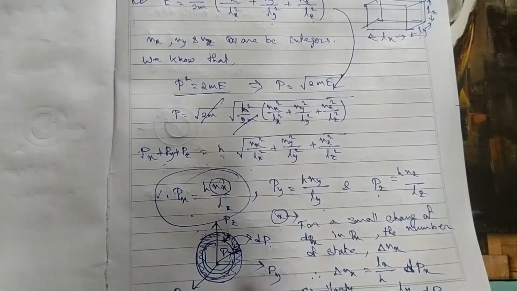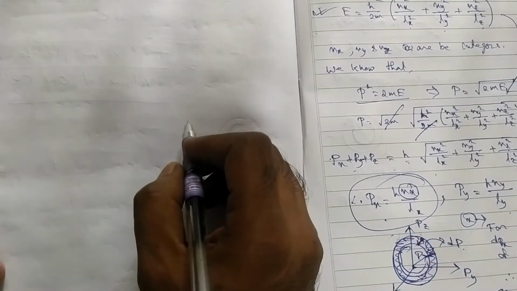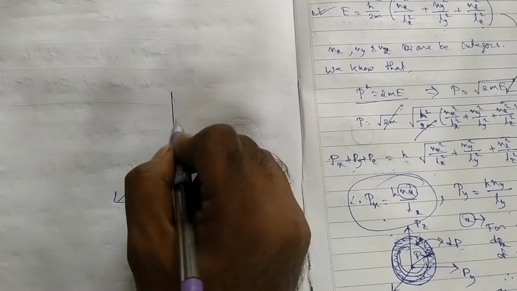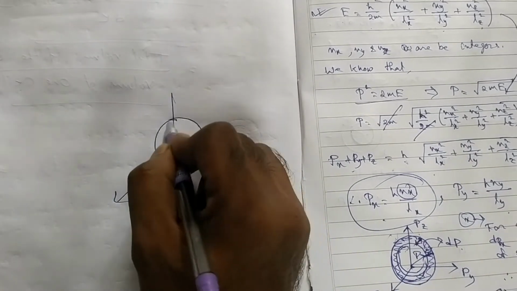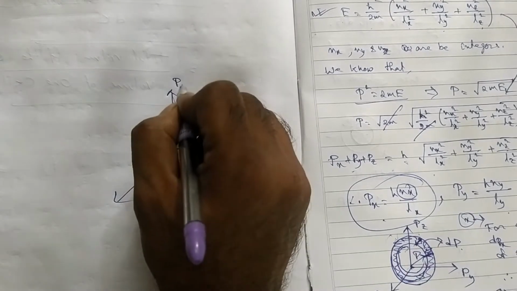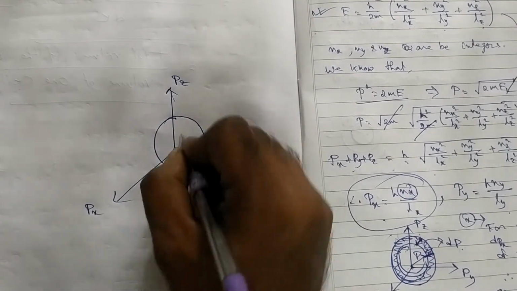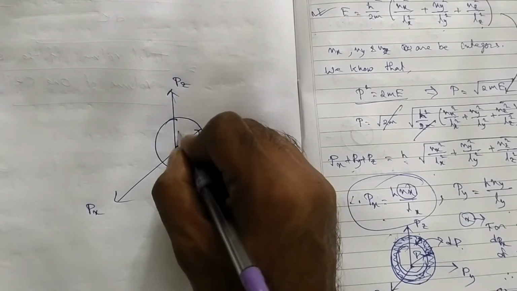Now we consider a momentum sphere. Suppose this is the pz component, this is the px component, and this is the py component. The radius of this sphere is p.